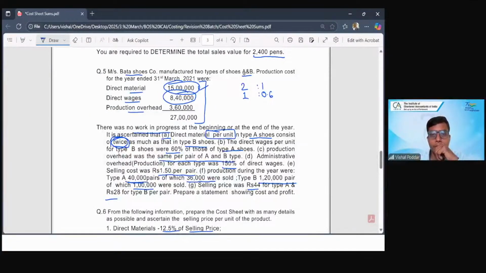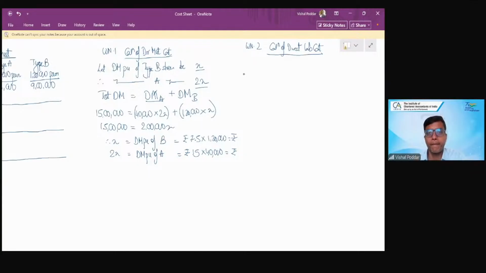The direct wages per unit of B is 60% of A. So let direct labor per unit of type A be x. Therefore, that of type B will be 0.6x.